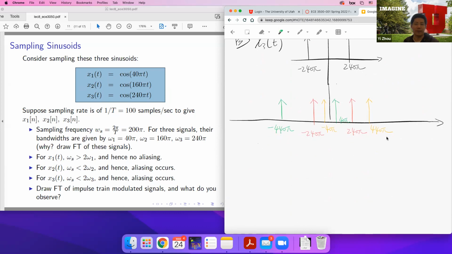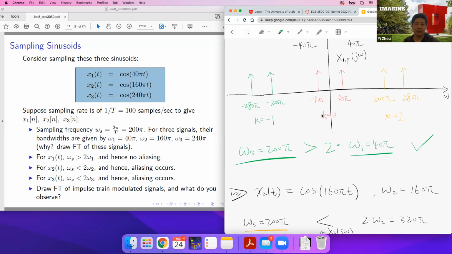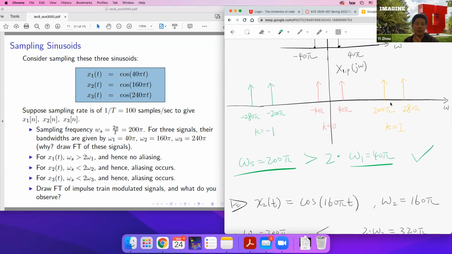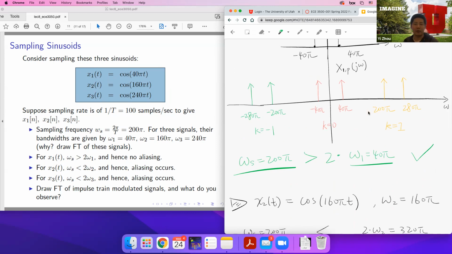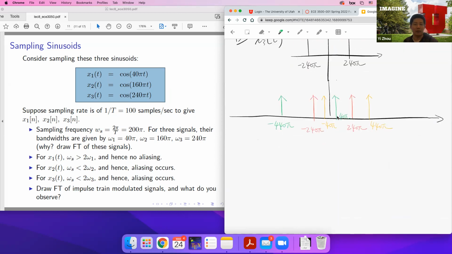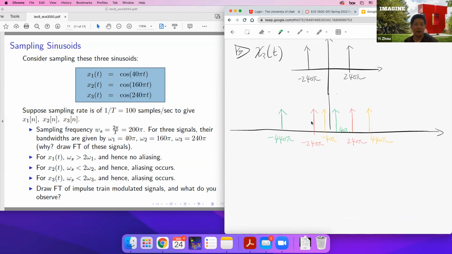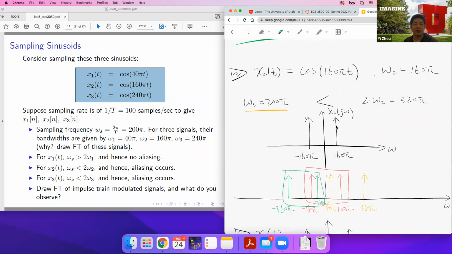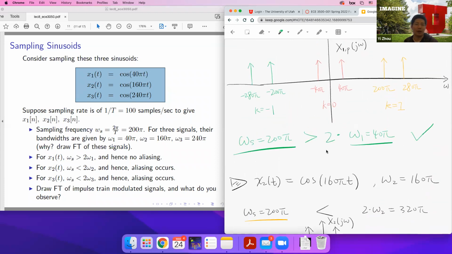This is the third one. Now we have seen that the first one has no overlapping. They are separated. The second one, we do have some overlapping in between. And the third one, we have even more overlapping between them. However, if you look at the locations of these arrows very carefully, and if you plot out all the copies, you will find that all these three spectrums are exactly the same.